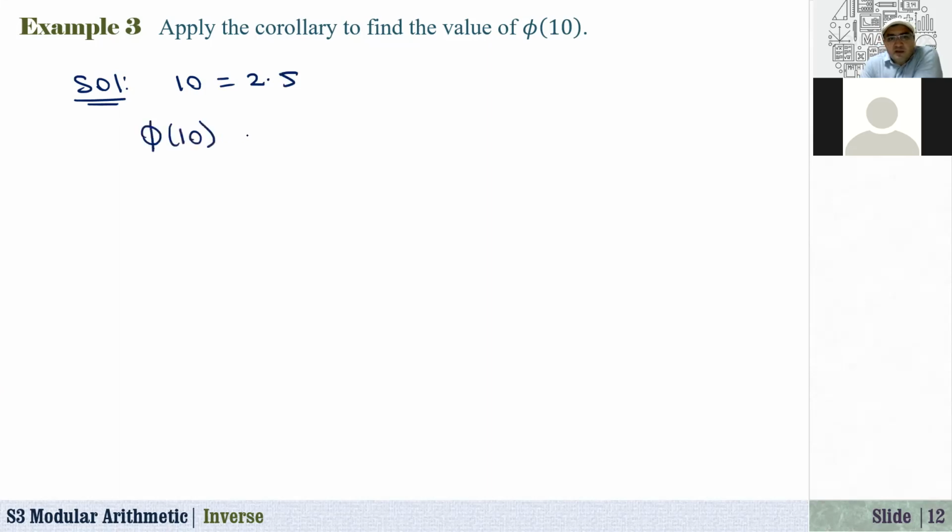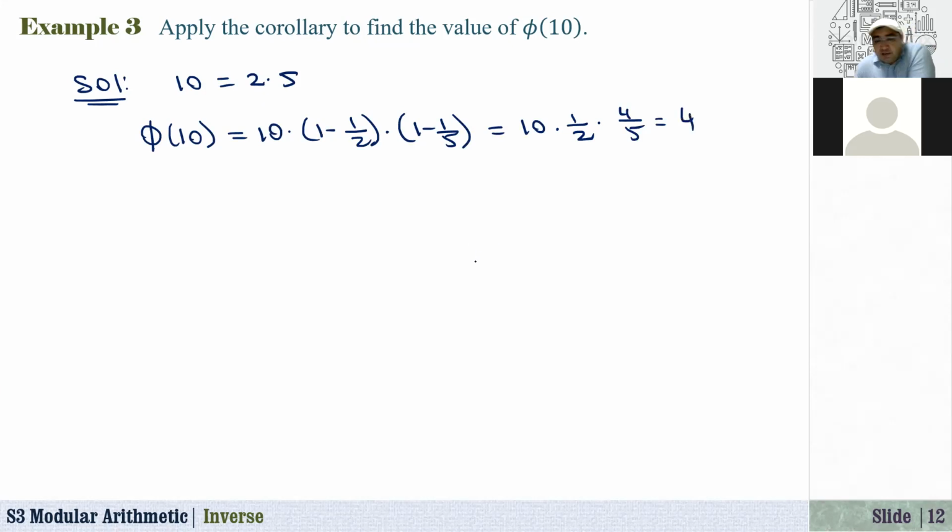This phi of 10 is equal to 10 times 1 minus the first prime factor, that is 1 over 2, times the second one, 1 minus 1 over 5. Which is equal to 10 times 1 over 2 times 4 over 5. If you simplify this, it agrees with our previous finding, that's equal to 4.